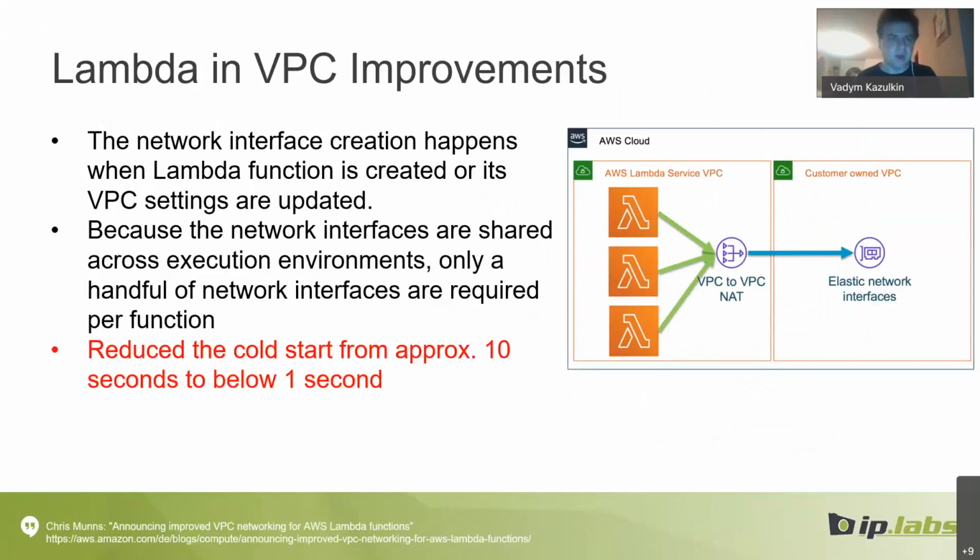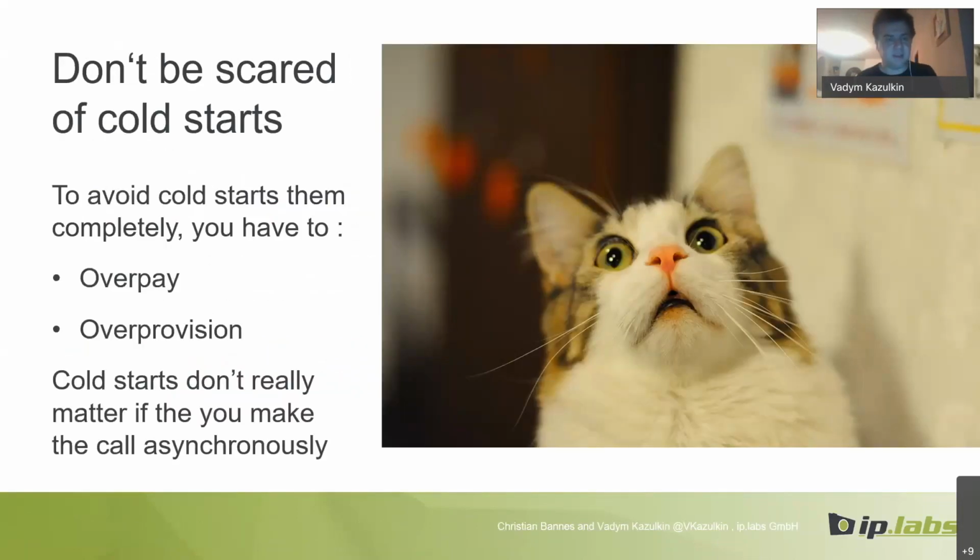So the situation is putting Lambda behind the VPC and using these services. For example, just don't be scared of your cold starts, because if you communicate asynchronously, you have them also in your container world.